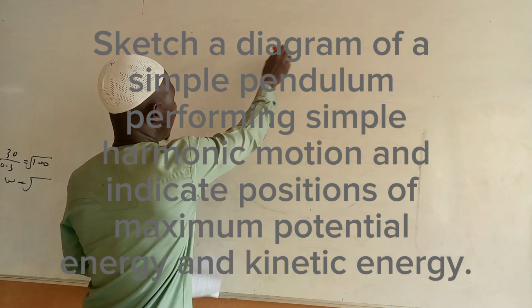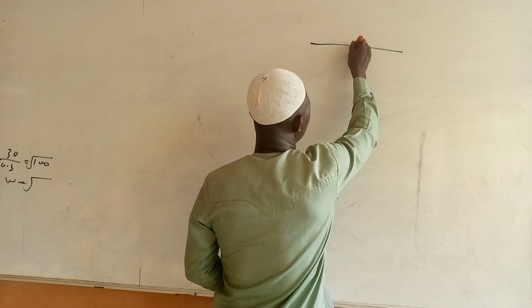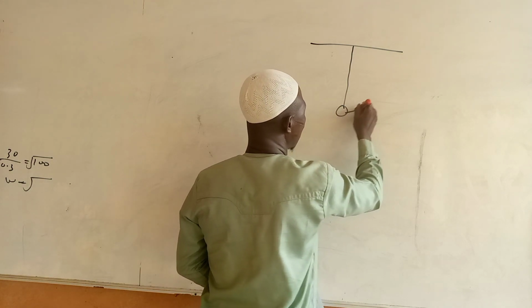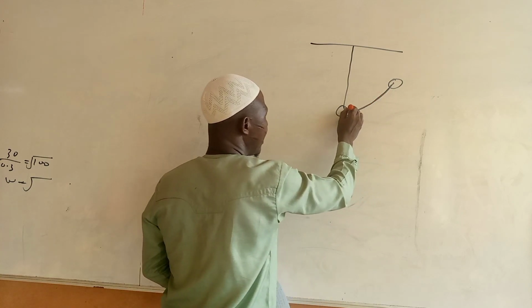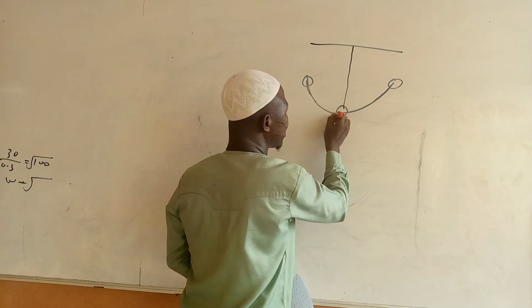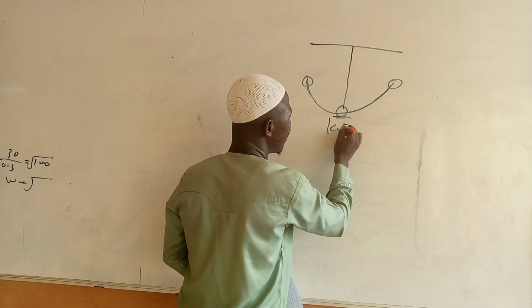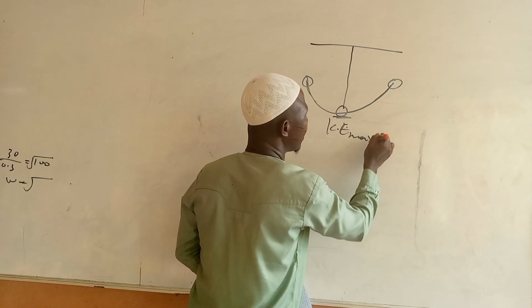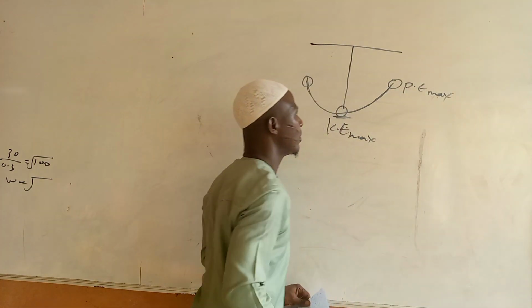So when you have a body performing simple harmonic motion like this, when you displace it here and release it, it comes back here and goes like this. So this place, this is where we have maximum kinetic energy, KE maximum. Then this one, PE maximum.